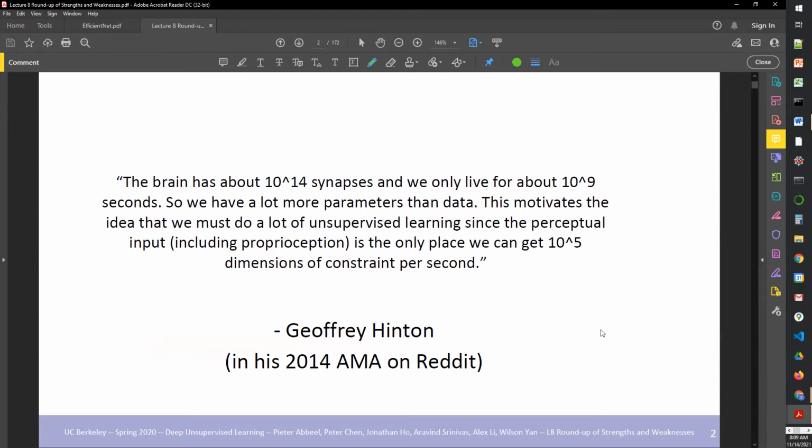And from that, he says that obviously there must be a lot of unsupervised learning going on, because the only way that we can get the synapses divided by the seconds, that is the number of inputs, is the sensory system, if you will, and the perceptual system.